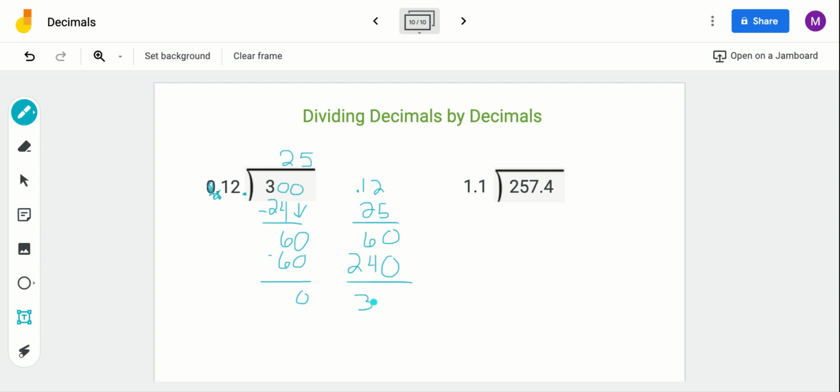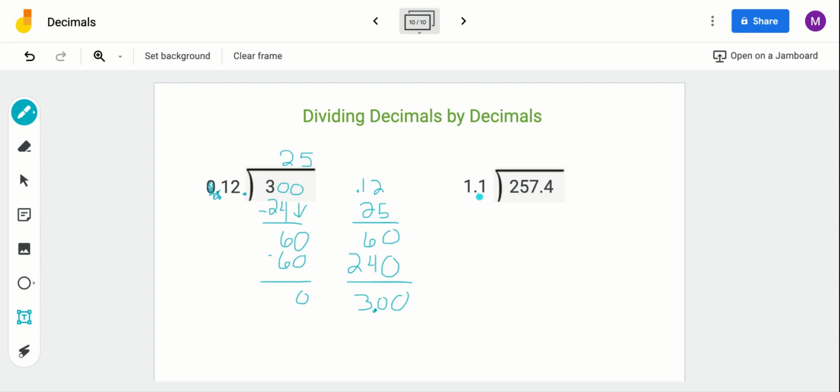So that's going to equal 300. But this 12 was really 1200, so I have to divide this by that 100, and we get our 3. So that works out.